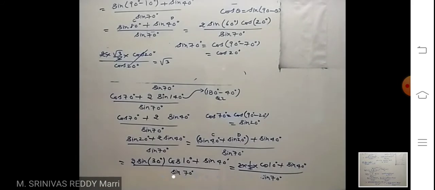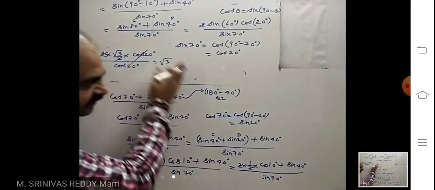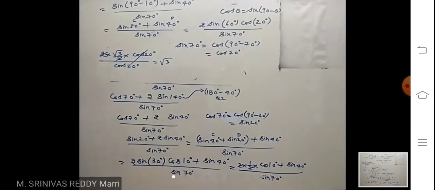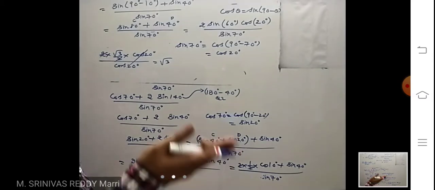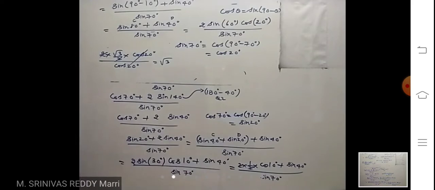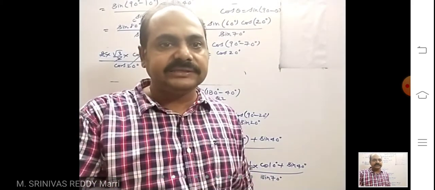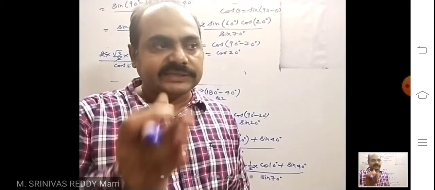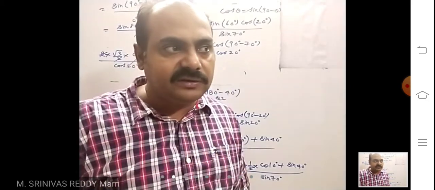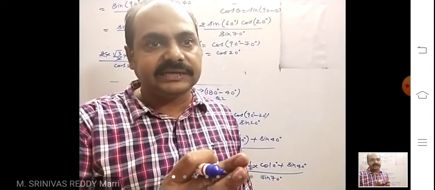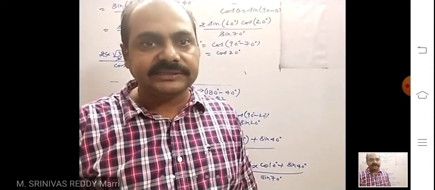So just like that, whenever product is there, you write the product rule. Whenever sum or difference is there, ensure that two sines or two coses, in between plus or minus is there. If sine theta is there, you want to convert into cos theta: sine theta is nothing but cos of 90 minus theta.